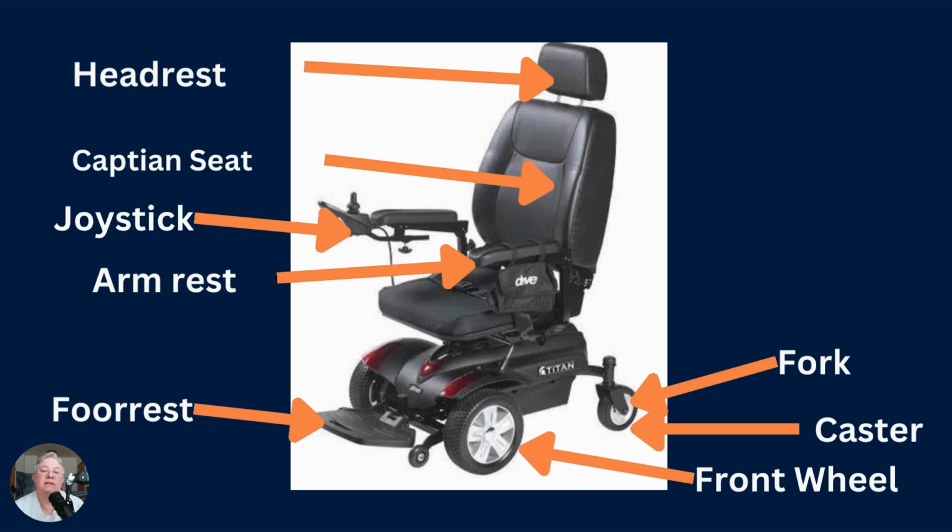Then we have the joystick, obviously, but sometimes we forget the name of it. It's the little thing that we use to drive. Sometimes the words just don't come to us, either because we're really frustrated or really tired. So it's called the joystick.